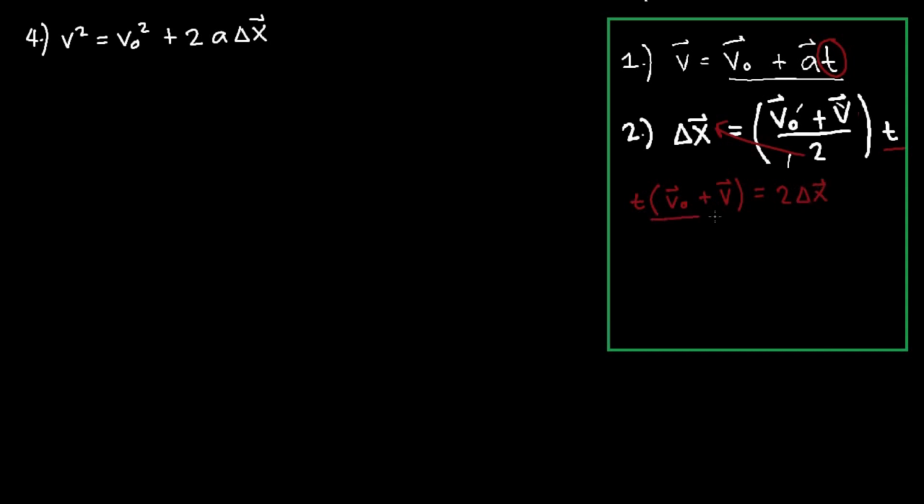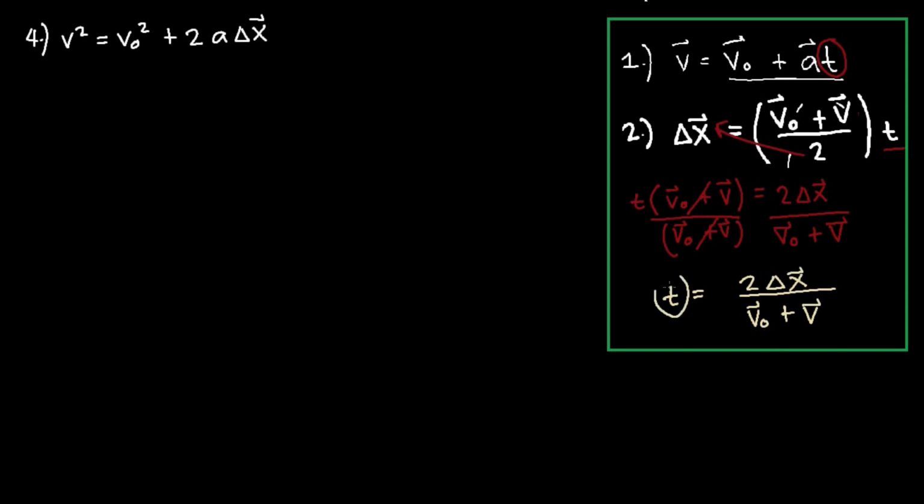So i-divide nato ni para mabilin ang t. So ma-cancel. Tapos i-divide nato initial velocity plus final velocity. So therefore, ang atong t is equal to 2 times displacement over initial velocity plus final velocity.